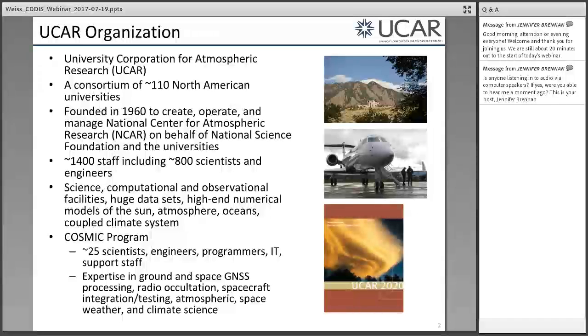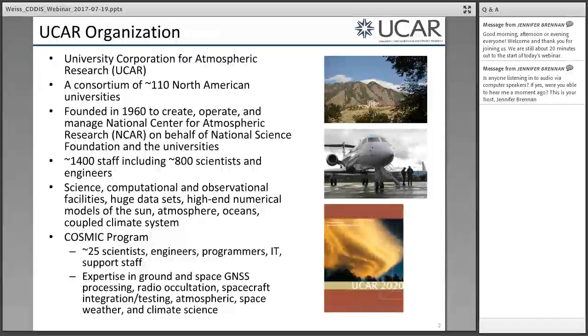So my group is called the COSMIC program. COSMIC stands for Constellation Observing System for Meteorology, Ionosphere, and Climate. We're a little bit more than 25 staff, including scientists, engineers, programmers, software engineers, and IT and support staff. We have a broad range of expertise related to GNSS remote sensing from ground and space-based observational instruments, in particular, of course, radio occultation.